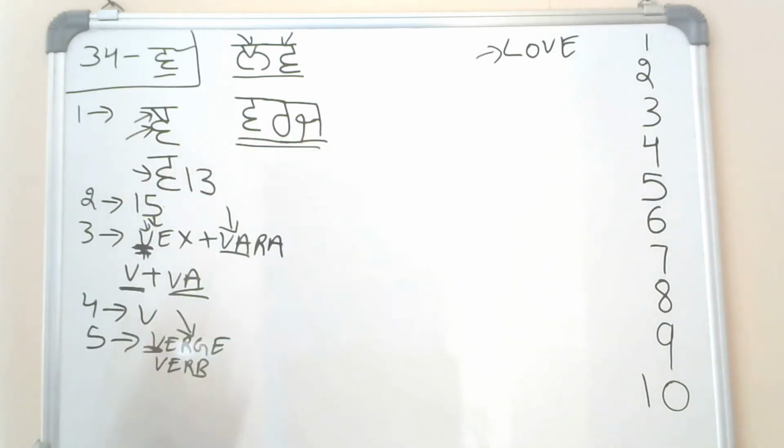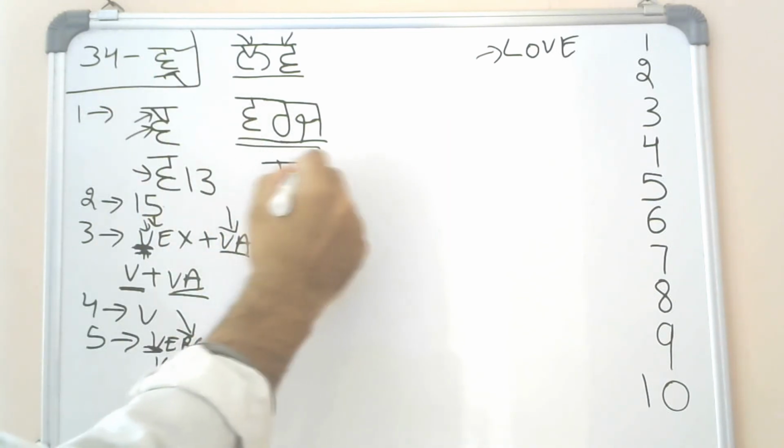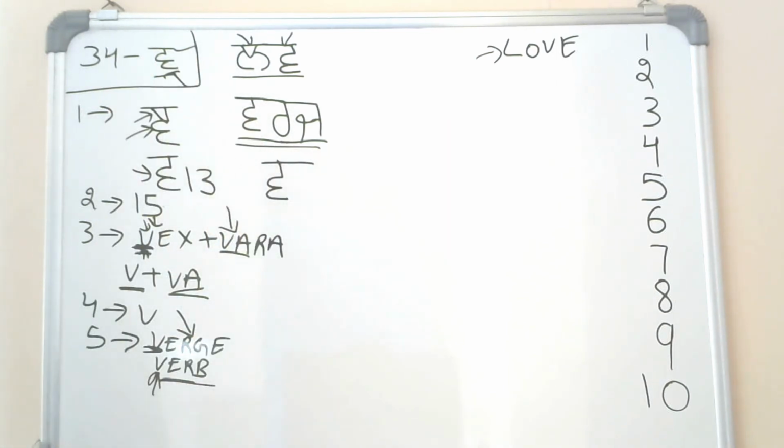Verge. Second is verb. How will I write verb in Punjabi? That ver sound, of course, I am going to get from here. Ver, r. Wherever that r sound comes, you have to have the 32nd letter, sorry.